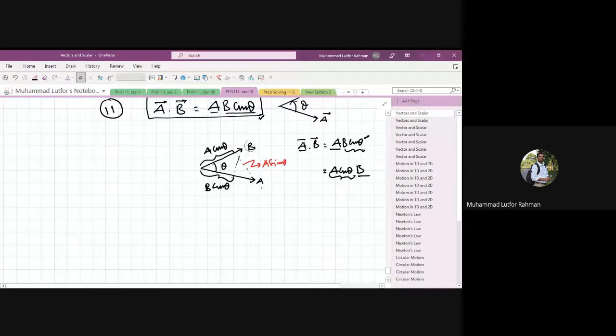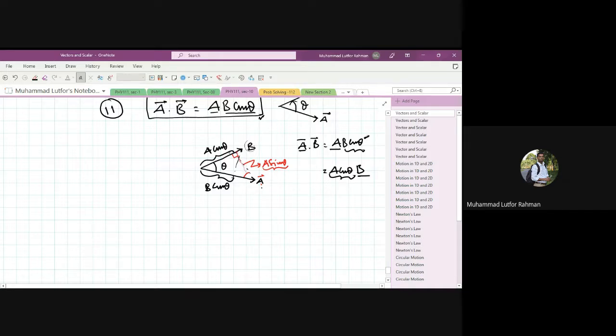Because this angle is theta, this angle is 90, then definitely this angle is going to be 90 minus theta, and cos of 90 minus theta is sine theta. That's why this a sine theta is the component of vector a in the perpendicular direction of vector b, because this is the perpendicular direction of vector b.